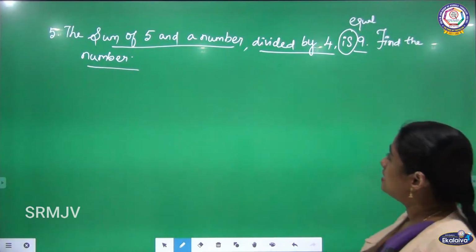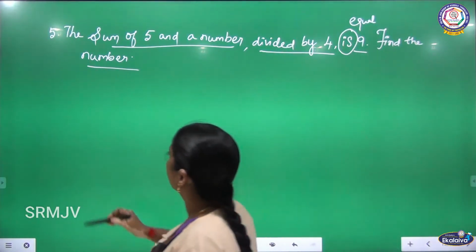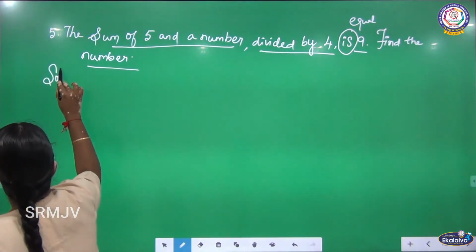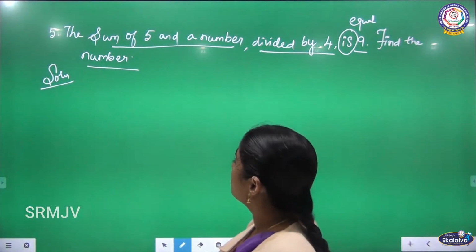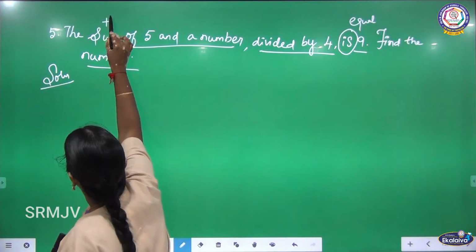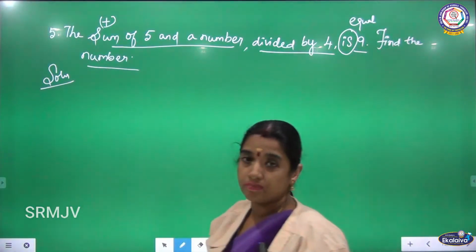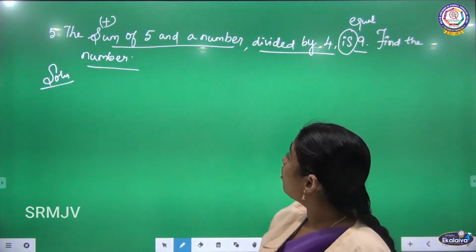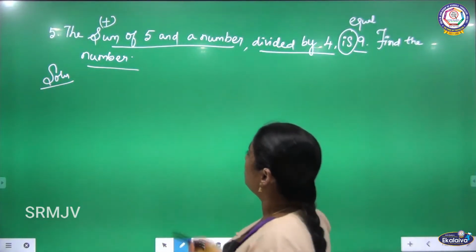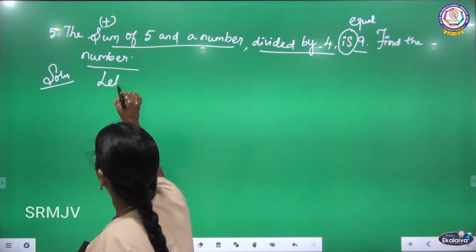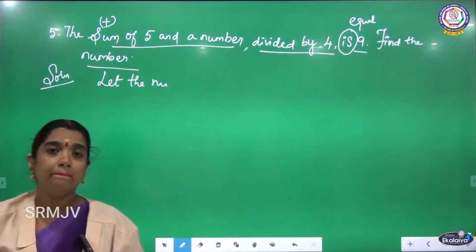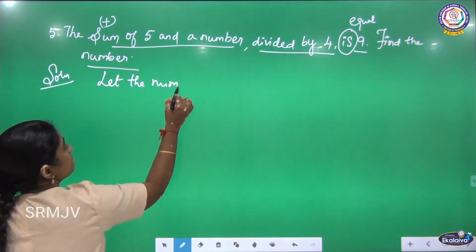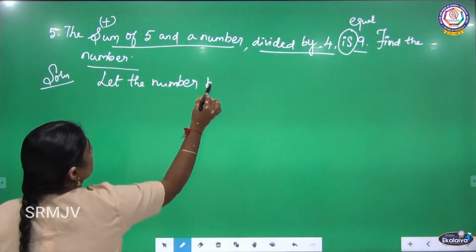Listen. See here. I am going to write the solution for this. Sum. So what symbol has to come here? Plus. Okay. Sum of 5 and a number. Before that, let me assume that the number be x.